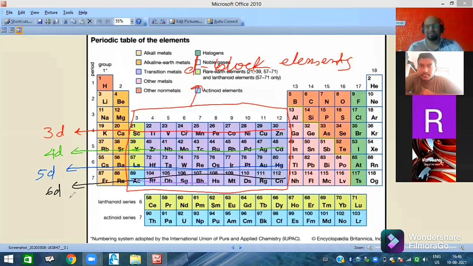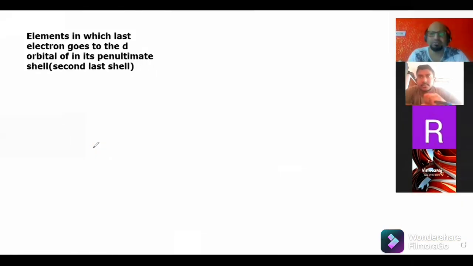So let's not focus on all those subcategories, just focus on D block. D block is clear to you. Okay, now I'm going to the whiteboard, and there I'm going to write down the general electronic configuration of D block elements. Here the definition is there. Vishwaraj, if you haven't seen it, just note it down from there.